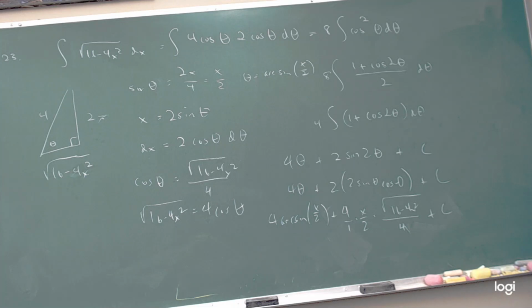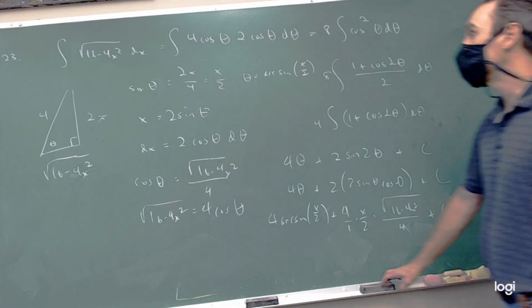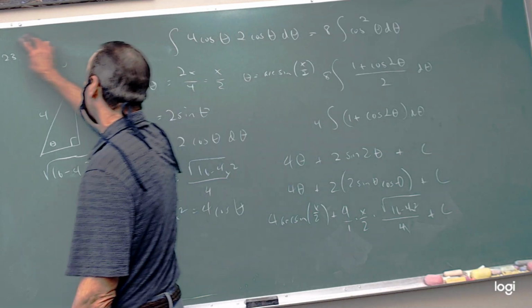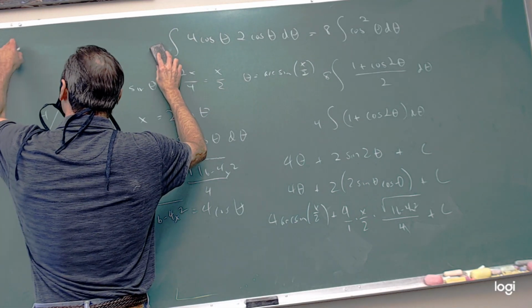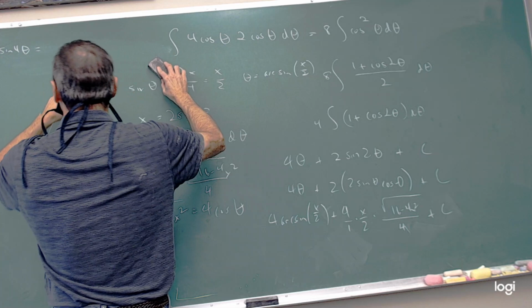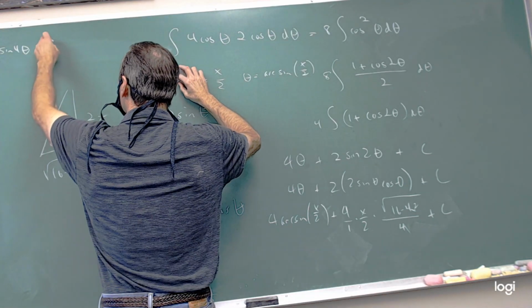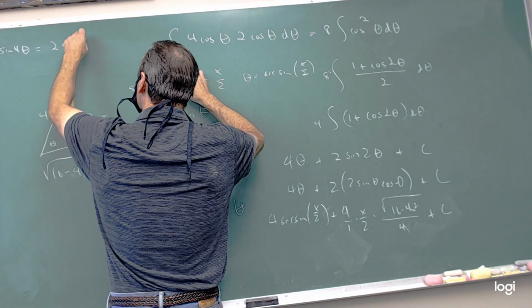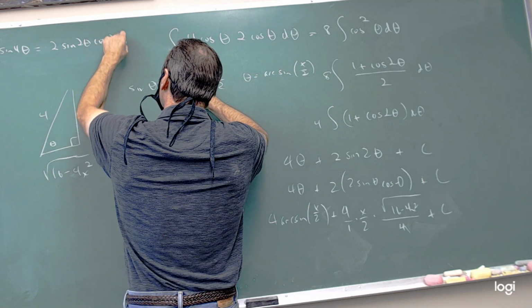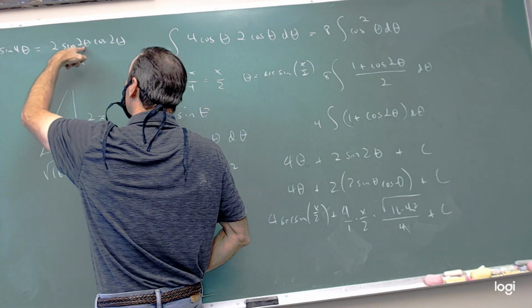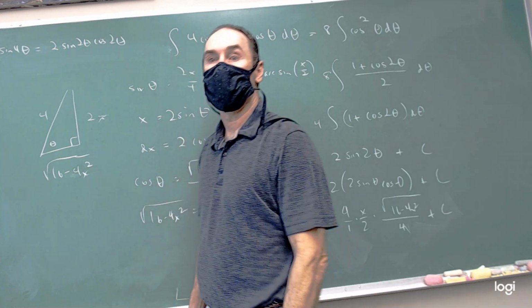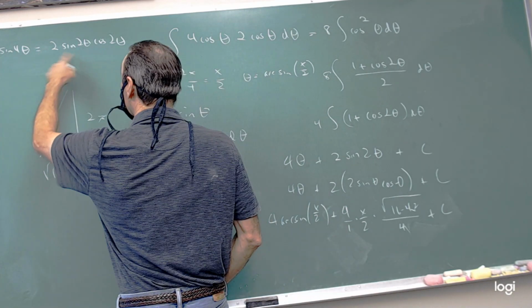If it was like sine 4 theta, could that become 4 sine theta cosine theta? We'd have to do it twice. I have to think about that. Actually, that wouldn't work, because we would make this 2 sine 2 theta cosine 2 theta, right? Because this angle doubled is that angle. Now this we could do again.